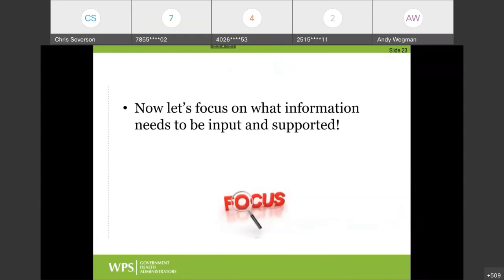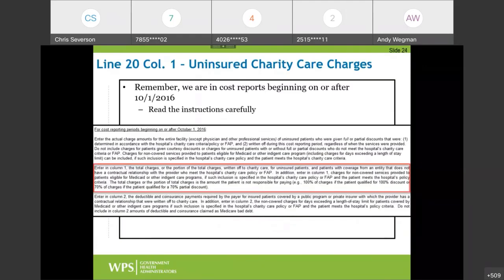And let's see here. So now let's get into some of the data that we need to see in the templates. I think I've talked plenty about column 1, that it includes obviously the fully uninsured patients, but it also includes non-covered services for an otherwise insured patient. The key thing with all of those, though, is it has to be in your policy before you can allow it. CMS has been pretty lenient.